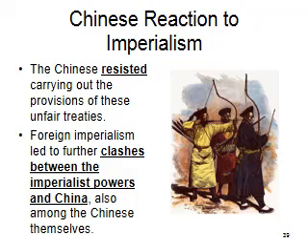So eventually what's going to happen here is you're going to see at first clashes between the Chinese themselves over how to deal with the onslaught of the outside powers. And then you're going to see clashes between the Chinese and the European and American and Japanese powers themselves. And we'll take a look at some of those right now.